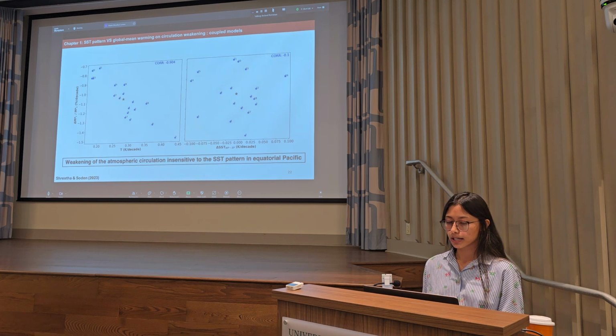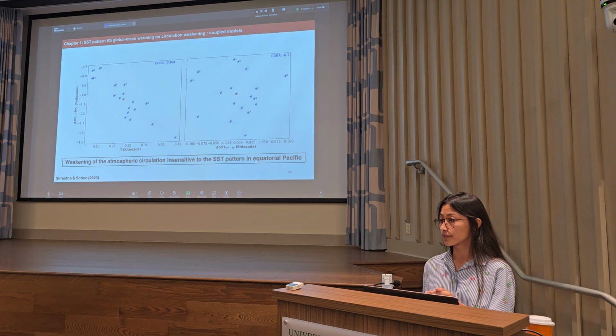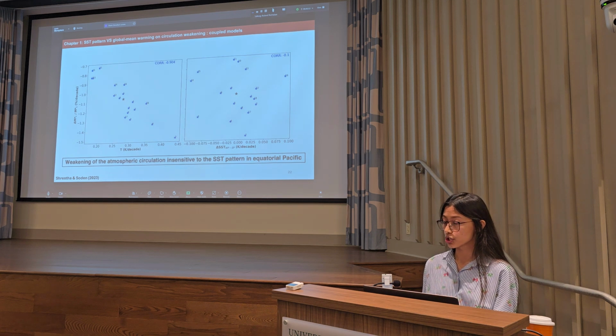And we find that there is a very strong correlation between global mean temperature increase and the convective mass flux weakening, where models with a stronger global mean warming also simulate a stronger weakening of the convective mass flux.